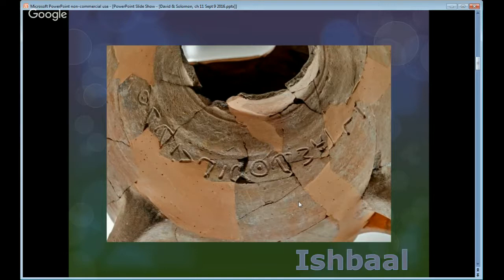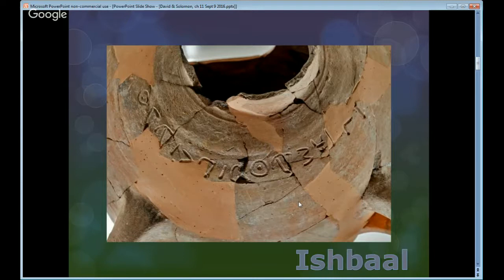Now, you might have seen a lot of things on the internet regarding Ishbal and this particular jug being ascribed specifically to Ishbal, the son of King Saul. That is not wholly correct. It was a jug that was probably held by a very wealthy person. It also shows that the name Ishbal was very popular at this point in time.